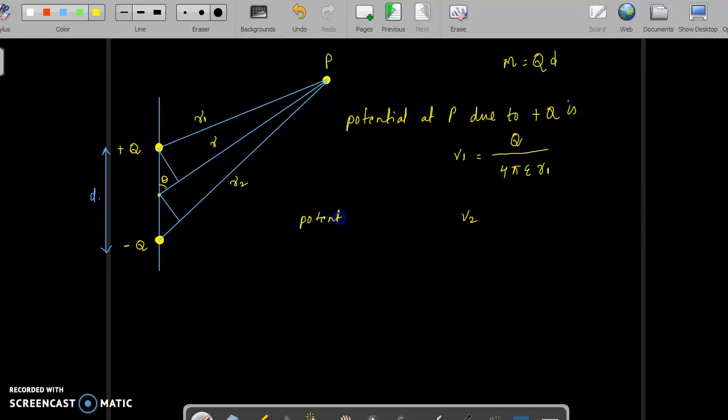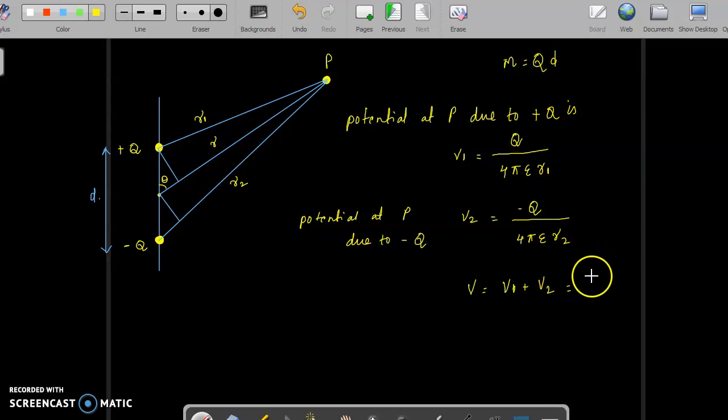Potential at P due to minus Q. So V2 becomes minus Q divided by 4 pi epsilon r2. So the resultant potential, the potential due to plus Q plus the potential due to minus Q at point P, let us take it as V, which is the algebraic sum of V1 and V2.